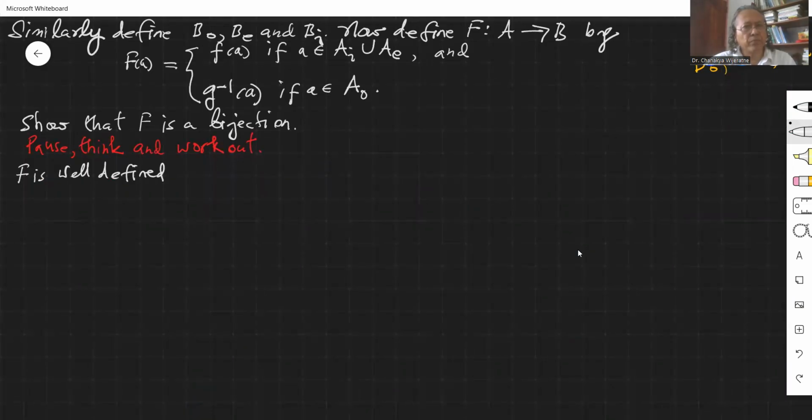We have two cases. Case one: A belongs to AI union AE.